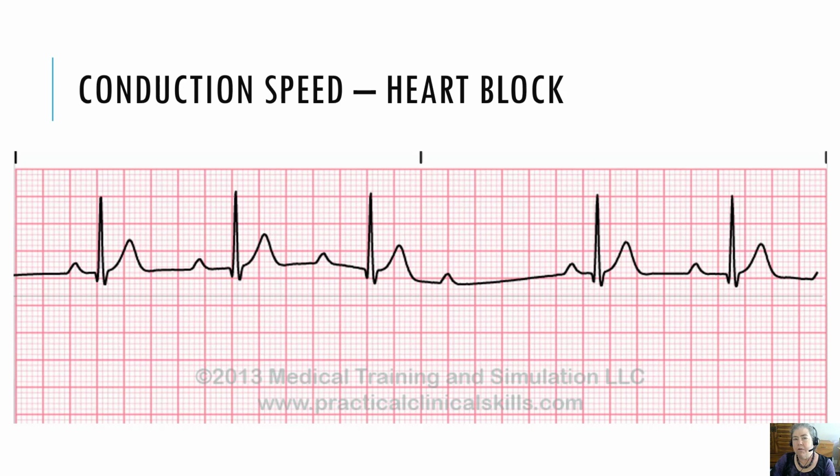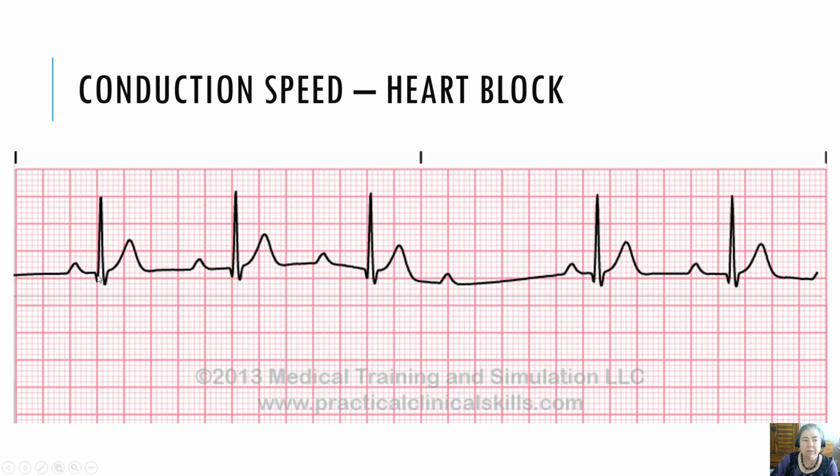And this is an interesting EKG that illustrates a particular problem with conduction speed. Here we have a P wave and a QRS complex. From the beginning of the P wave to the beginning of the QRS complex is just about 5 little boxes, right?